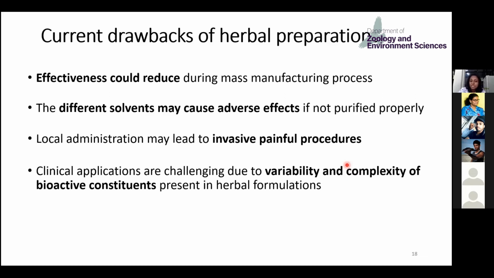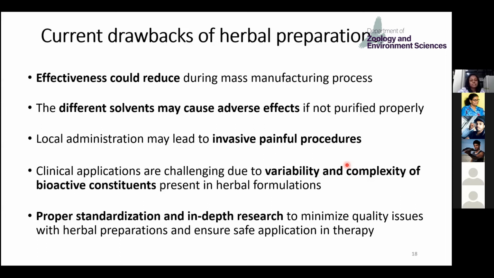Clinical applications are challenging due to the variability and complexity of bioactive constituents present in herbal formulations. But recently there is a novel field using synergistic and additive activities of herbal preparations. They analyze these for synergistic activities, so this drawback is currently being coped with. And proper standardization and in-depth research is indeed required to ensure safe application in therapy.